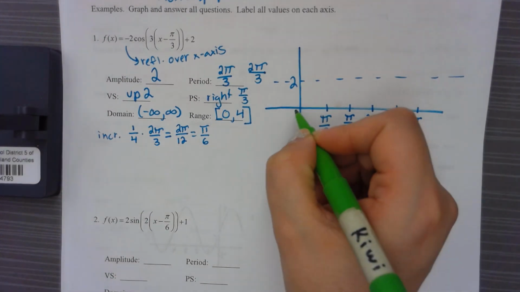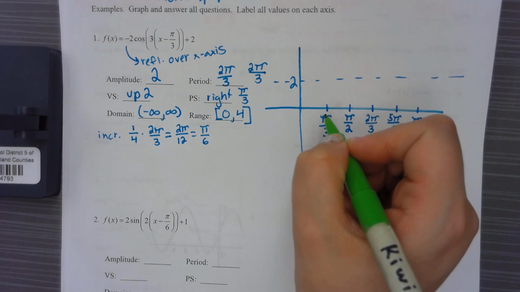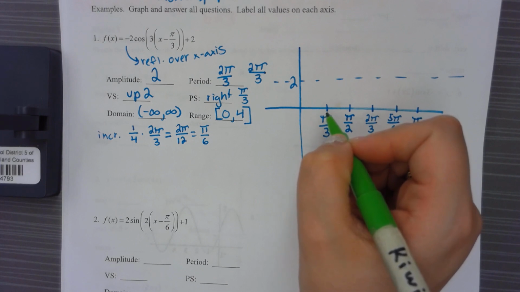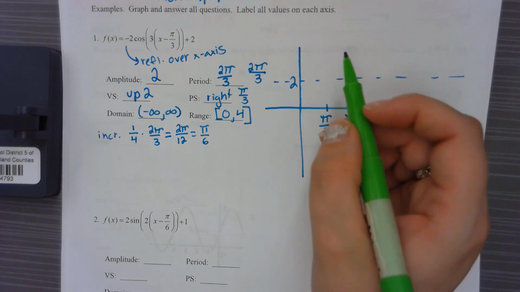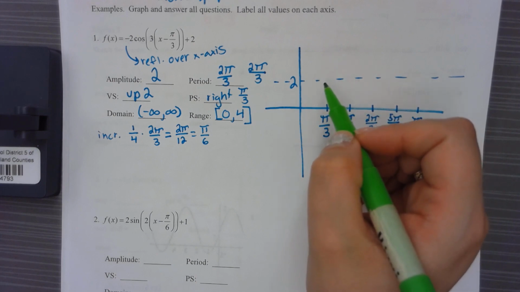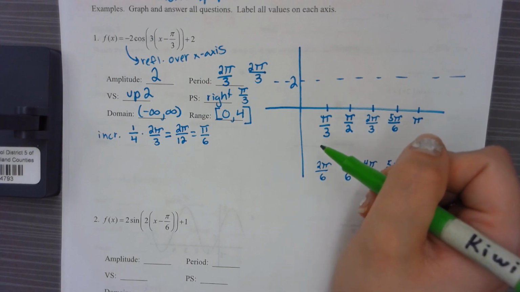Okay, so again, I'm shifting to the right at pi over 3, so my first value is going to happen at pi over 3. Does that make sense to everybody? Does cosine typically start at the amplitude or at 0? The amplitude, right? So typically you would start at the amplitude of 2, correct? And then it's going to have to reflect, so it'd be at negative 2, right?